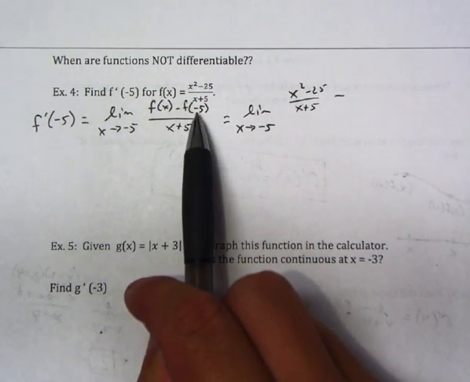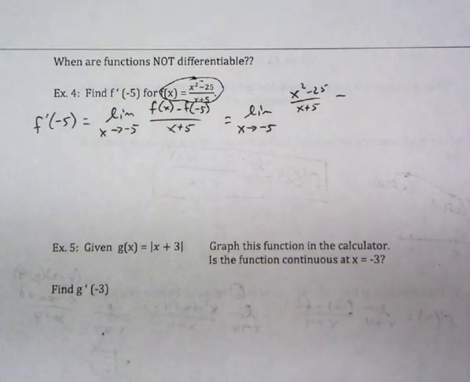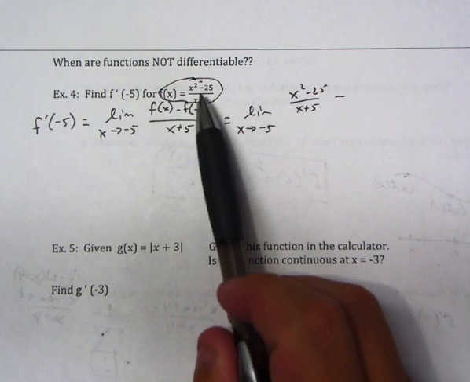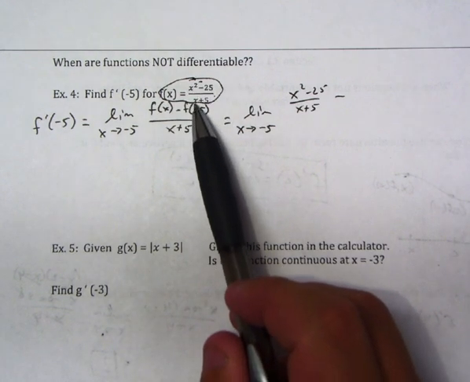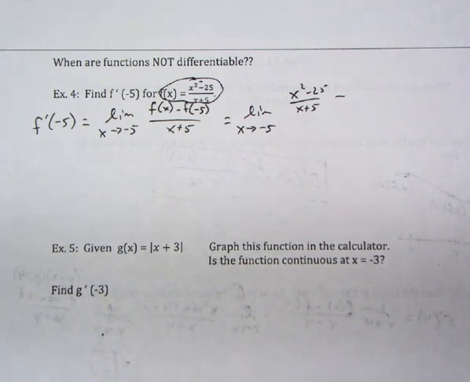So when I plug -5 into this function, let's see what we get. We'll get 25 minus 25 over -5 plus 5. We get 0 over 0. Now you could say, well, that means we got to factor and cancel.